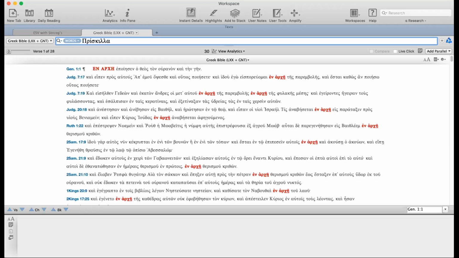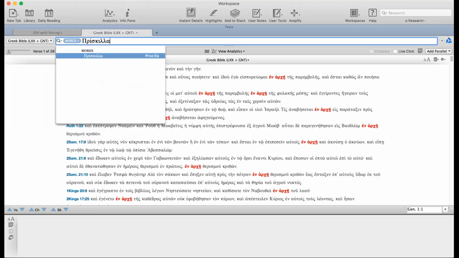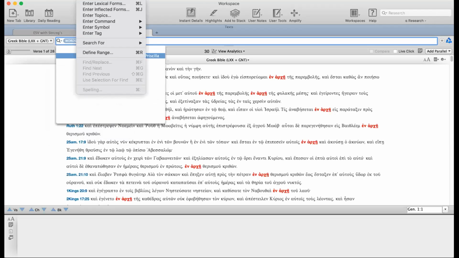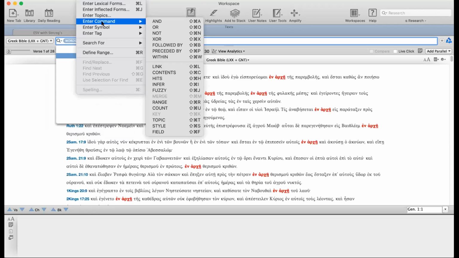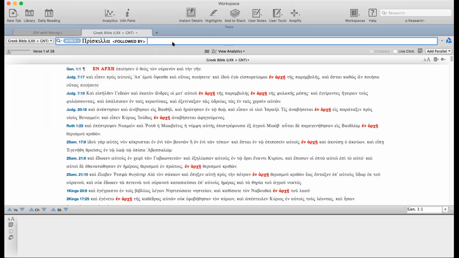Okay, I go to search first. Enter command. Do I have to put a space first or command first? It doesn't matter, it seems to me. Okay, command, followed by. And now we need to type Aquila.